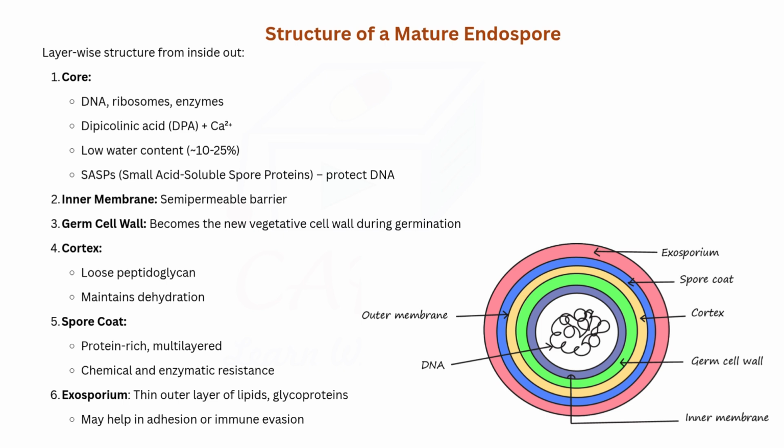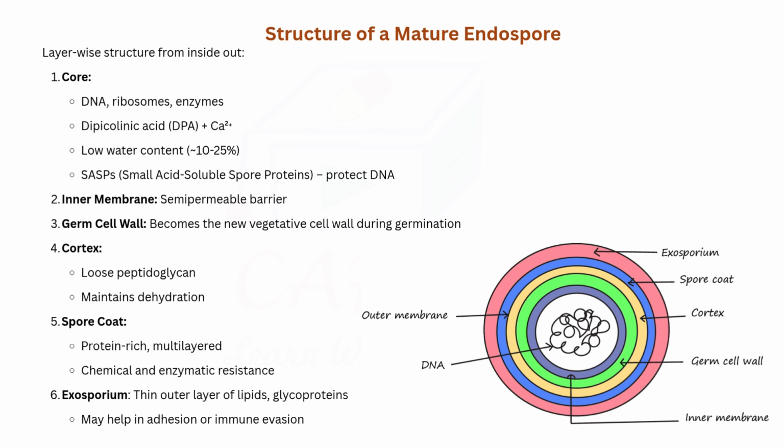The endospore's resistance mechanism lies in its multi-layered armor. At the core, it contains the bacterial chromosome, enzymes, ribosomes, and dipicolinic acid, which forms calcium chelates. These chelates stabilize the DNA and remove water, reducing metabolic activity to almost zero.